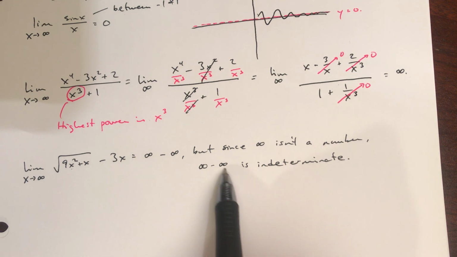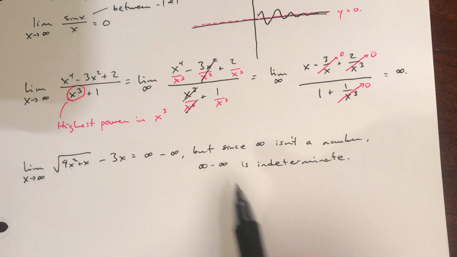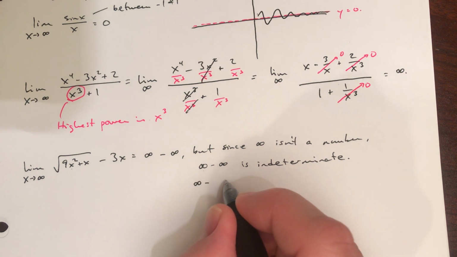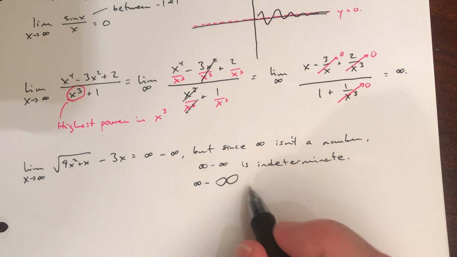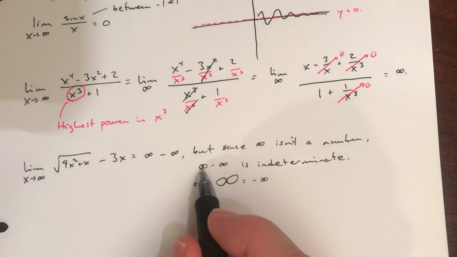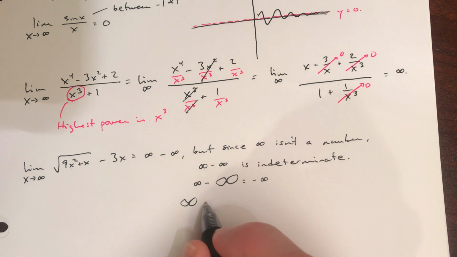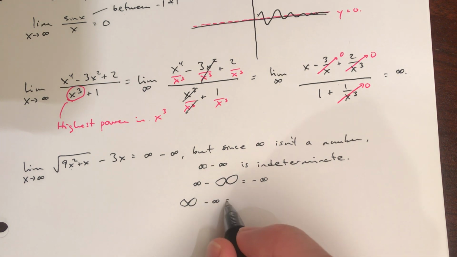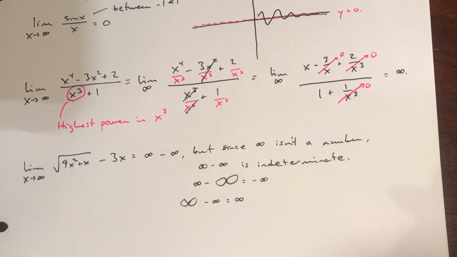If this infinity is bigger than that infinity, then the result might be negative infinity. If the first infinity is bigger than the second one, the result might be infinity. If they're about the same size, the result might be an actual number.